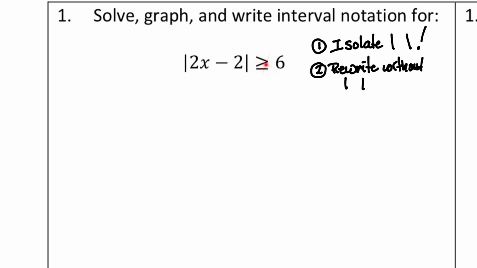Greater thans are always "or" statements. Okay, so greater than or equal to, these are both "or." Less than or equal to are both "and." Okay, so we're doing an "or" for this one.